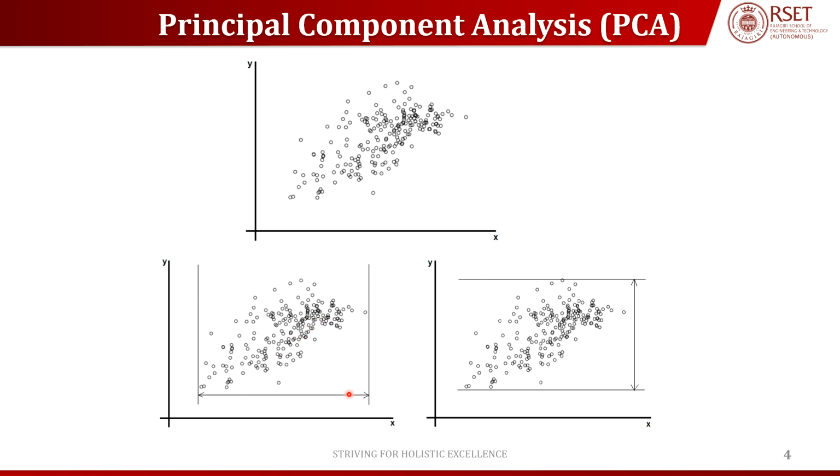The horizontal axis X has a certain spread of data, and the vertical axis Y has a certain spread. So our goal is to find new axes that capture the total spread or variance most efficiently. If we project this data onto the x-axis, we lose a lot of vertical information, and if we project it onto the y-axis, we lose the horizontal information.